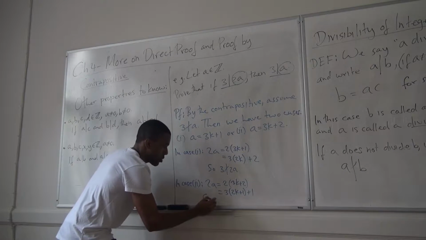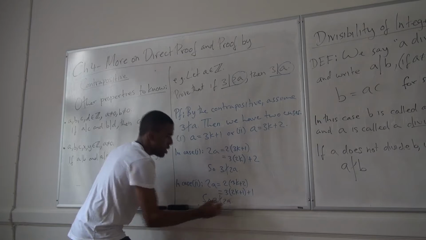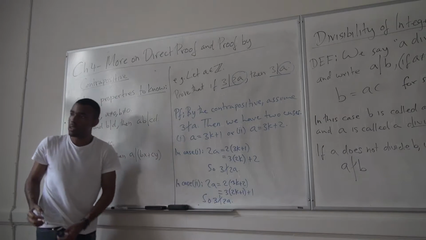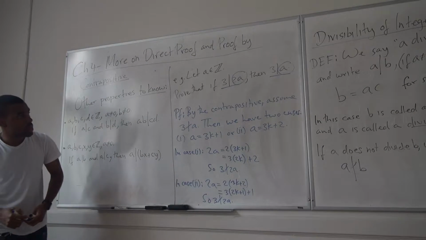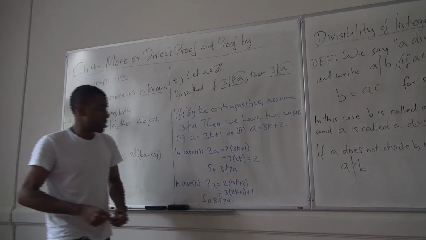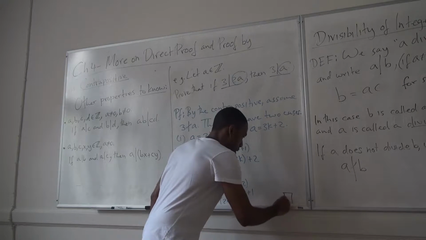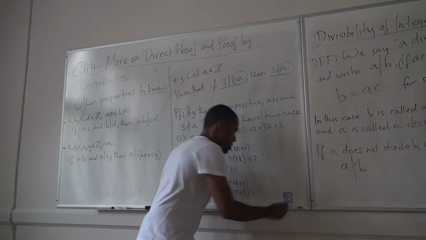So again, 3 does not divide 2a because it has a remainder of 1 when we divide by 3. And the claim holds by the contrapositive.